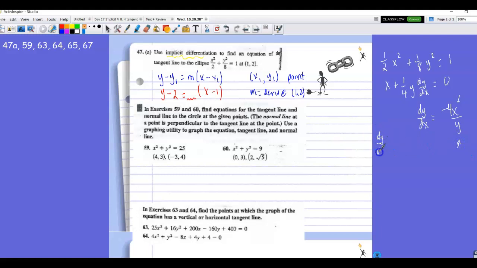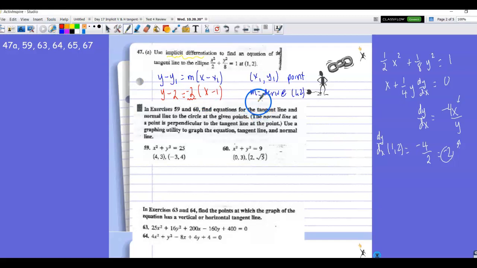So dy/dx at the point (1, 2), substituting 1 in place of x will give me negative 4 in the numerator. Substituting 2 into the denominator will give me 2. Negative 4 divided by 2 is negative 2. So now I have my slope, so I can substitute that back over here into the equation of my tangent line.